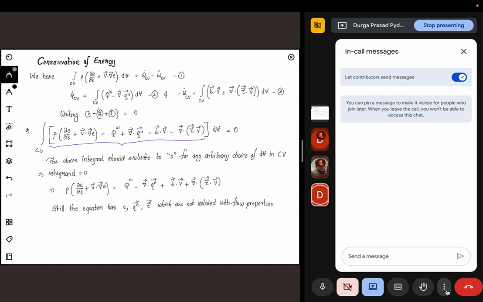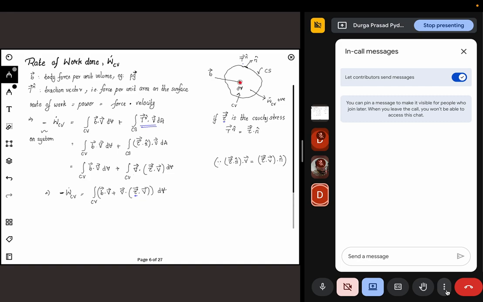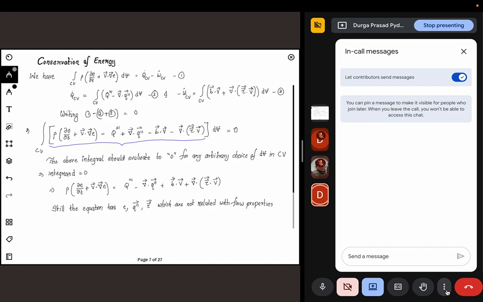So we are saying integration of some particular function equals 0, and this should happen for any arbitrary dv that I have taken. In my previous case, even if I take dv here or any other place, that equation has to be true, which means this integral has to be 0. That will happen only if whatever is in the integrand is 0. So if you make that equal to 0, this is the equation we get.